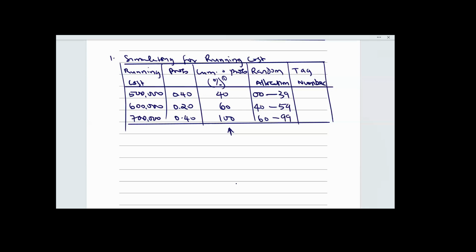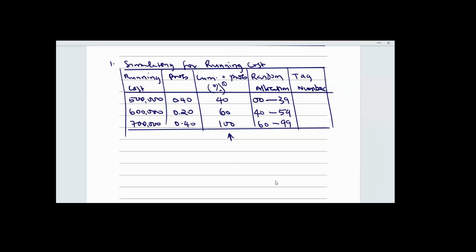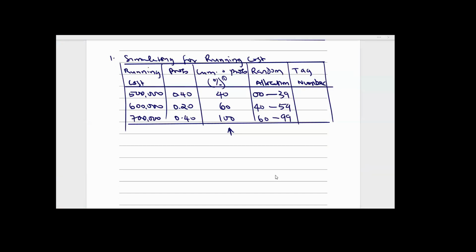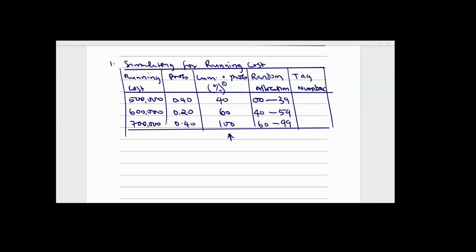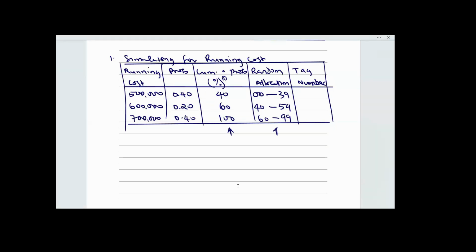So we then go back to the question. For running cost, what are the tag numbers given? The first one is 70, 52, 90. So you now look at your random allocation. Where does 70 lie? 70 is there.